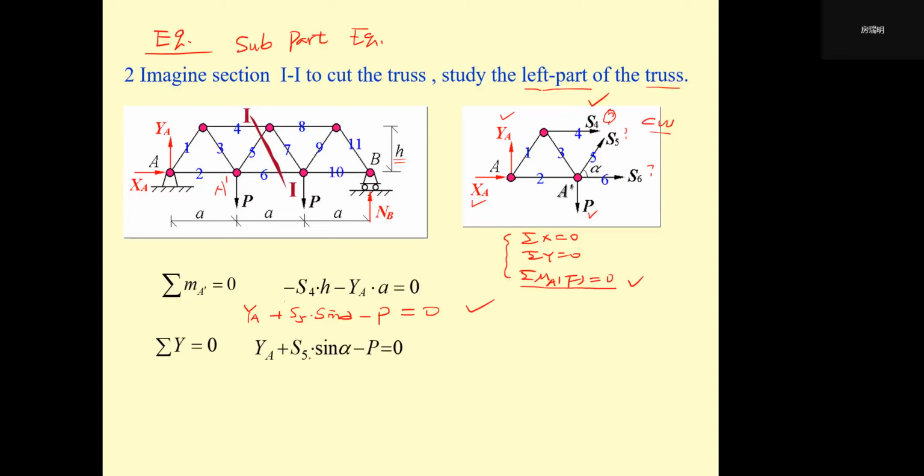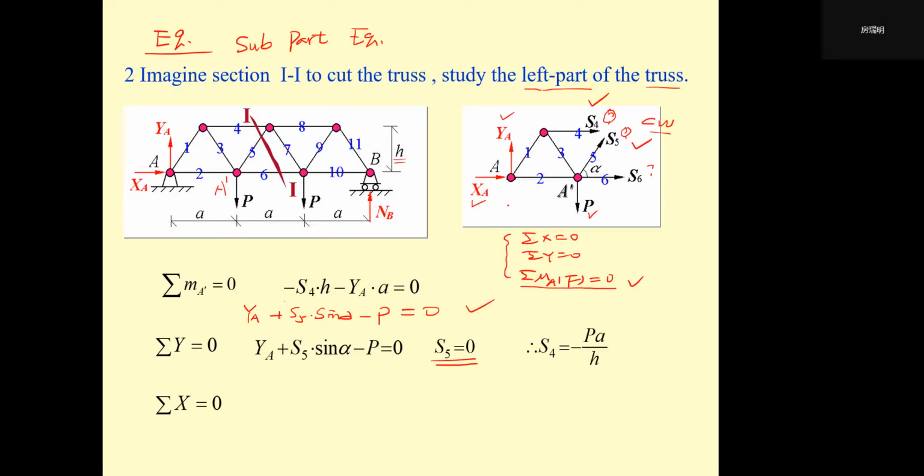Then this single equation has only one unknown, so from this equation S5 changes from unknown into known. So we only need to figure out the magnitude of S6. What can we use? We can use sigma x equals 0.